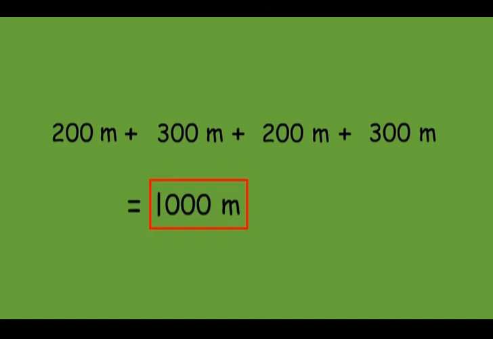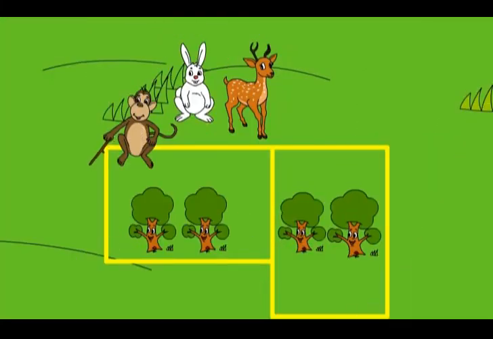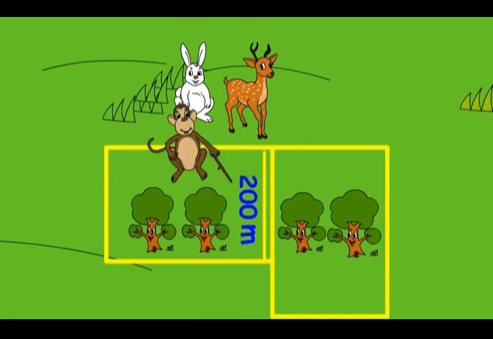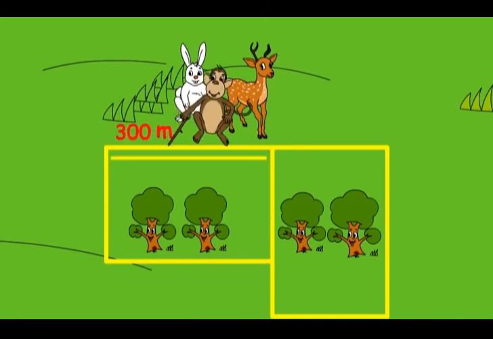What was the other side, Meenu? It was 200 meters plus 300 meters plus 200 meters plus 300 meters.